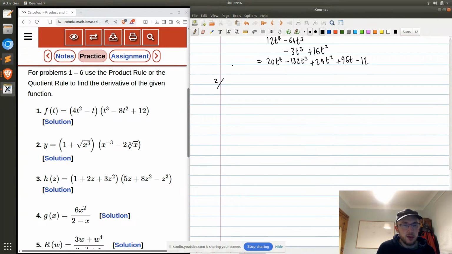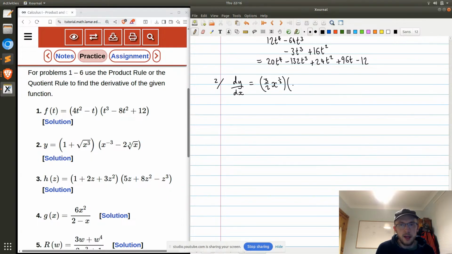Okay, second one. dy by dx. Okay, differentiating this. This here is x to the 3 over 2. So when we differentiate that, we get 3 over 2 x to the half.